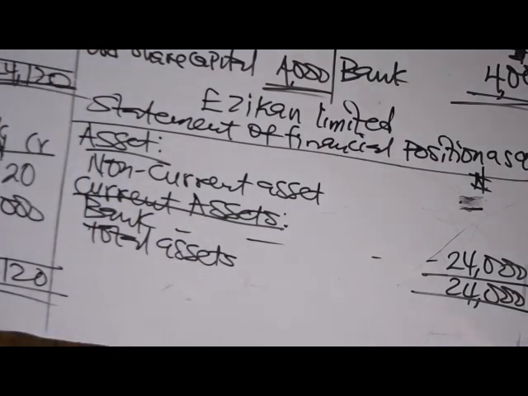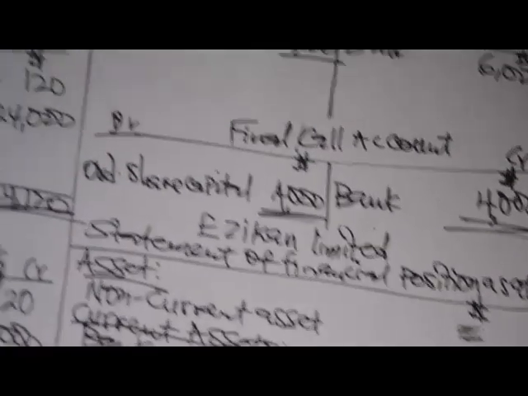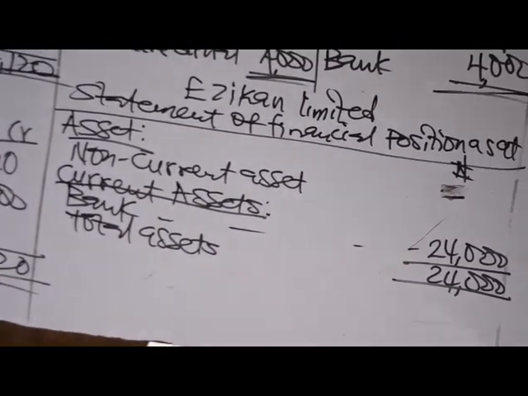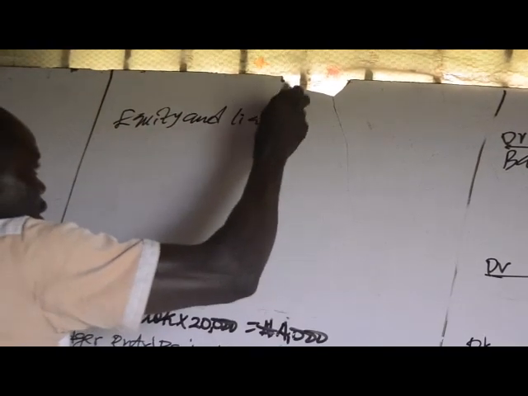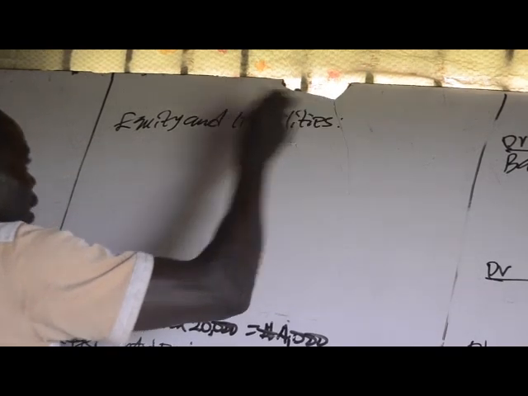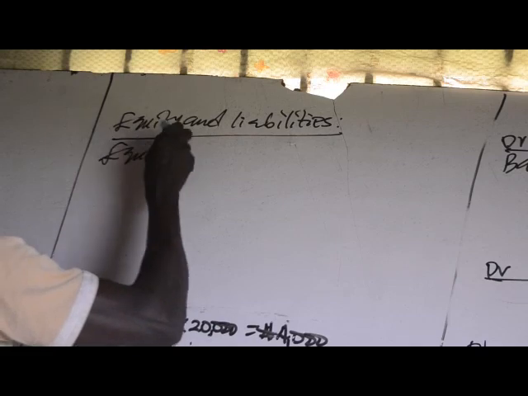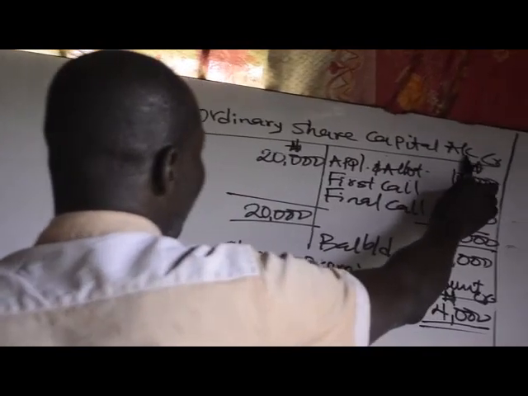After total assets, the next section will be equity and liabilities. As part of our equity, we have ordinary share capital.